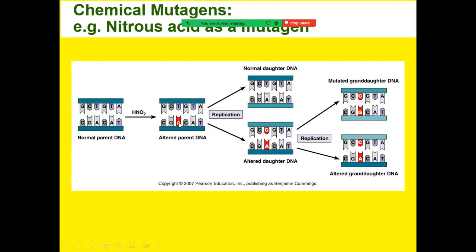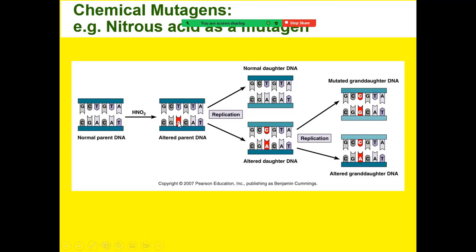This altered A will now bind with a C. So the polymerase, when it's reading this, will read that A as a G and insert a C there. And then when this gets replicated, that fixes this mutation. Okay?